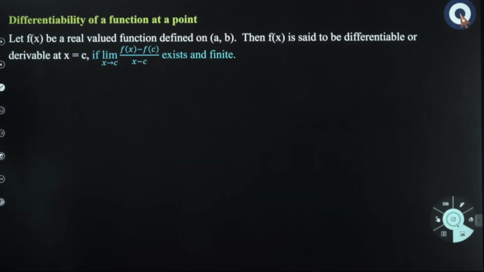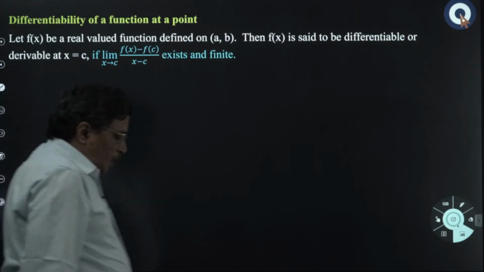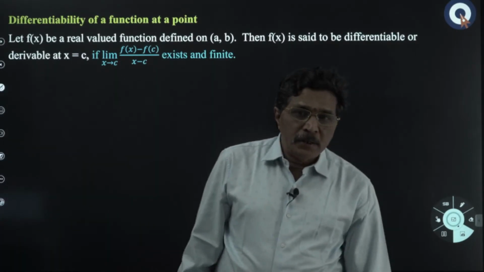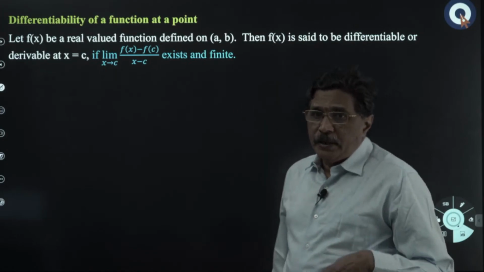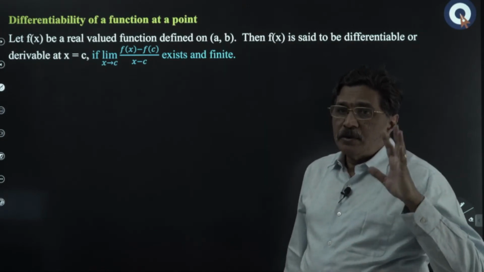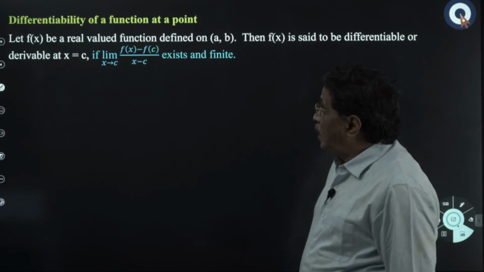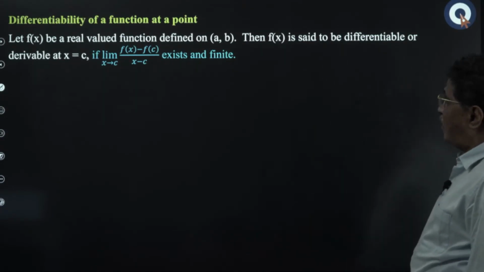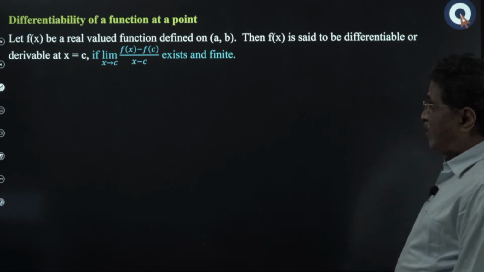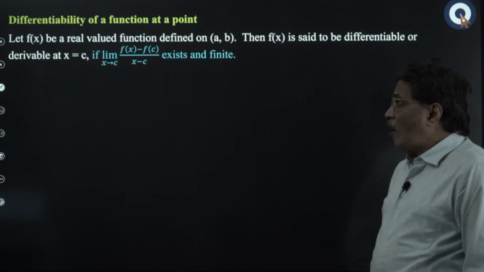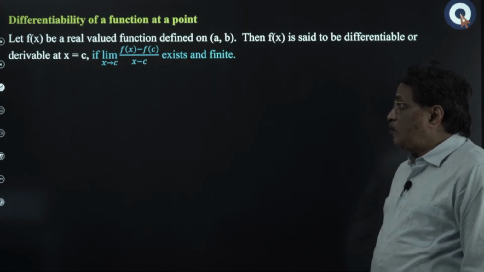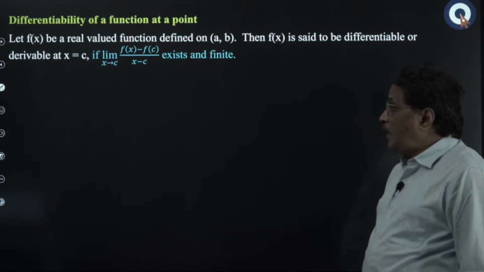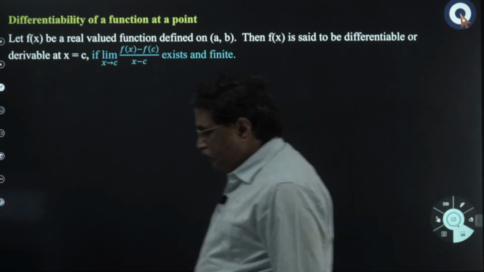Now let us talk about differentiability of a function at a point. See, the necessary condition for differentiability is continuity. So let f(x) be a real valued function defined on (a, b), then f(x) is said to be differentiable or derivable at x equal to c if the limit of (f(x) minus f(c)) by (x minus c) as x tends to c exists and is finite.